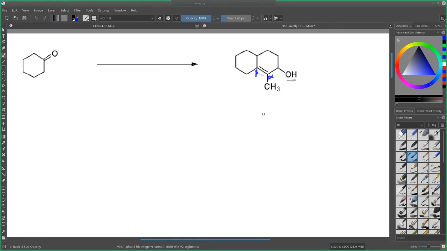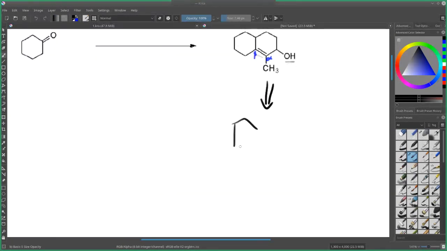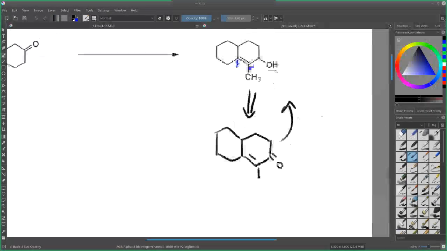Because we know how to go from ketone to an alcohol pretty quickly. You just reduce it. So we can go backwards and have this be a ketone. Forwards, you could just reduce it, so use your favorite reducing agent, minus sodium borohydride. So how about we use that one?